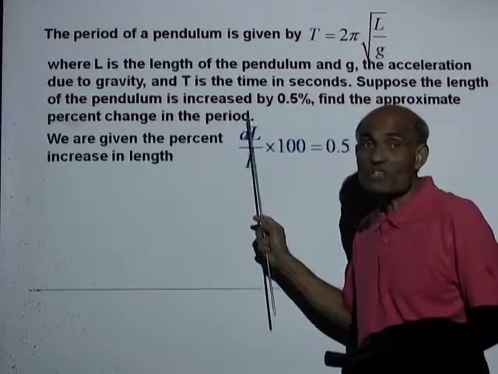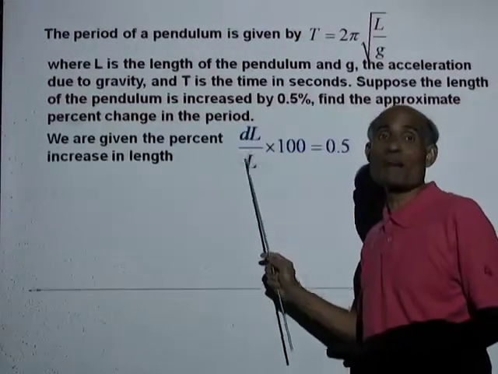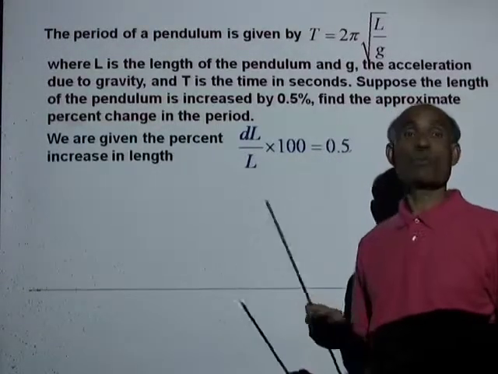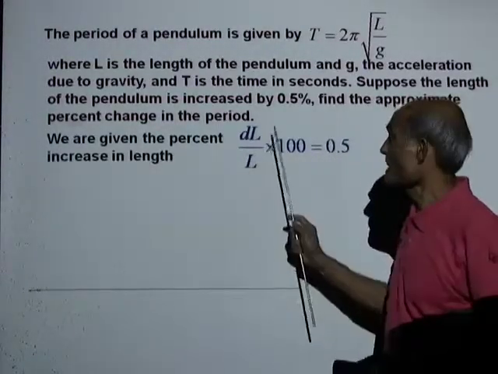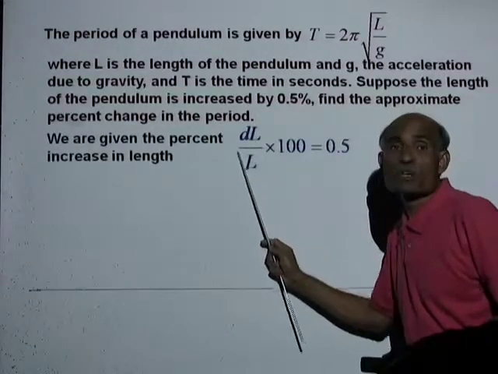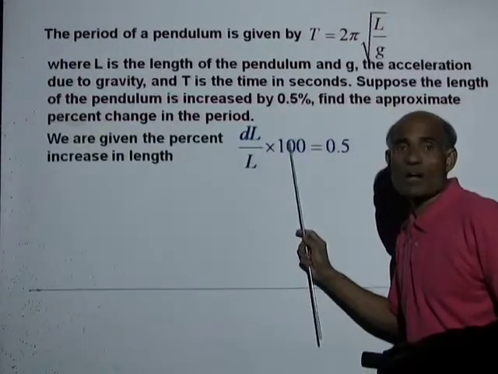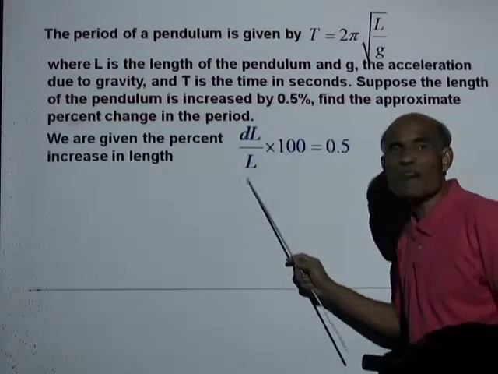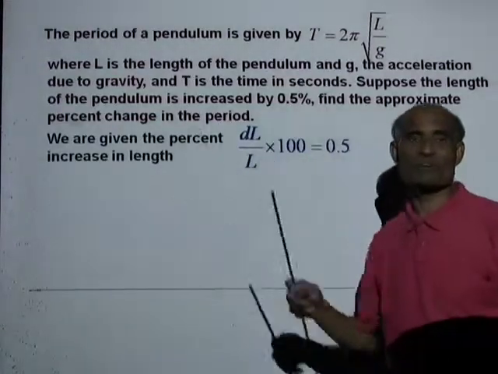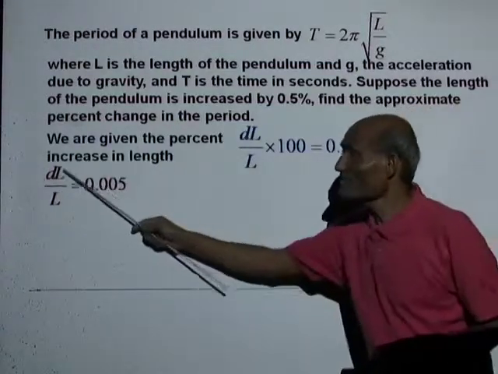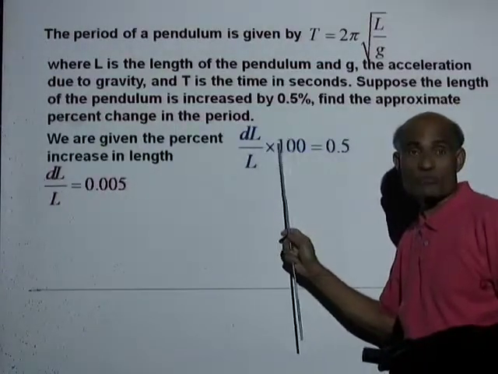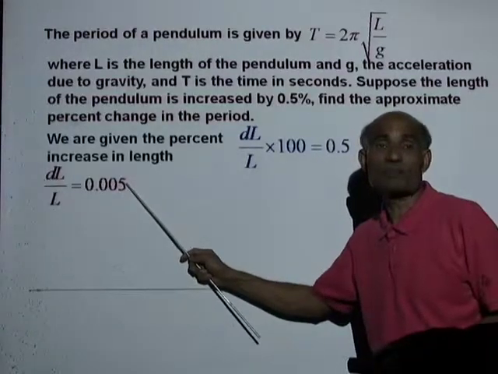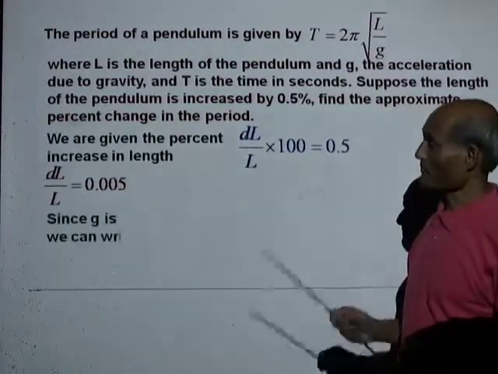The percent increase in length is dL divided by L times 100, and that is 0.5. Now, if dL divided by L times 100 is 0.5, what is dL divided by L, the relative error? Divide both sides by 100: 0.005.